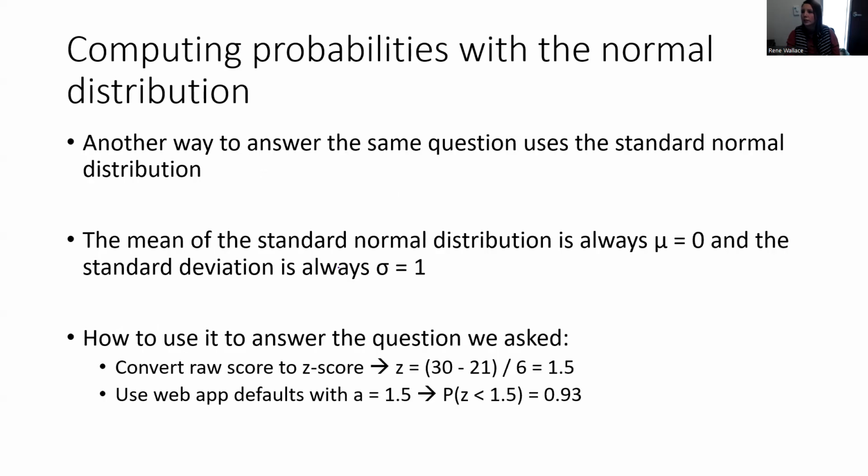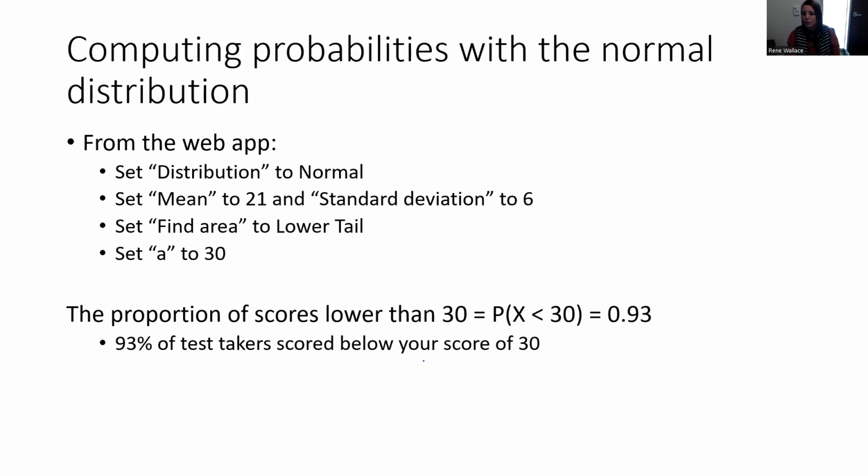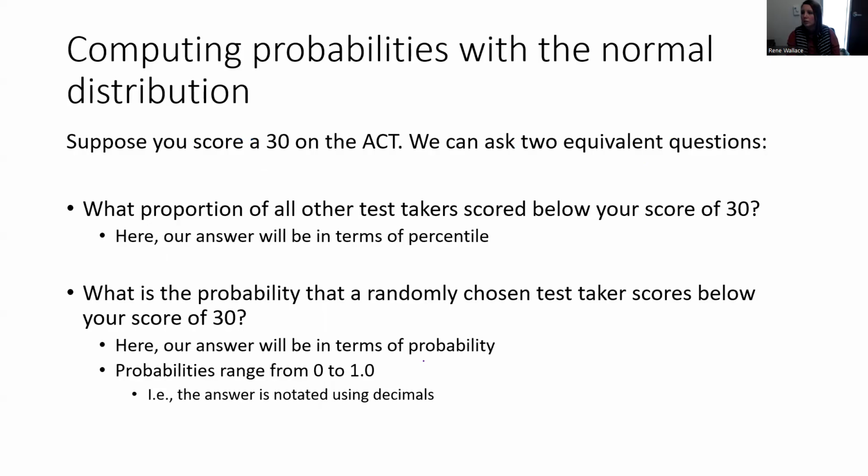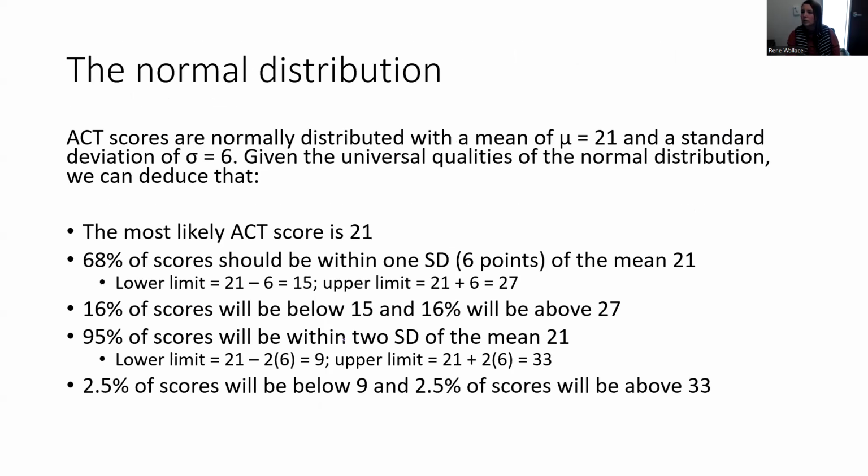We just did that. Okay, so we wanted to answer the same question using the standard normal distribution. It's mu equals 0, standard deviation equals 1. So we converted our raw score to a z-score. And the reason we used these numbers, let's go back up. So we knew that the most likely score was 21, right?